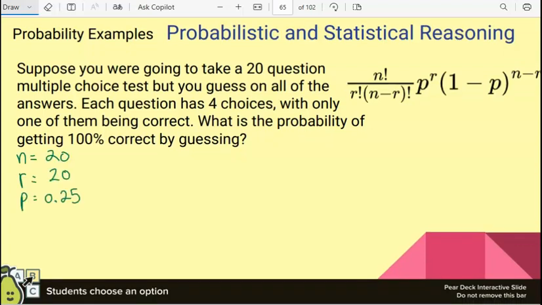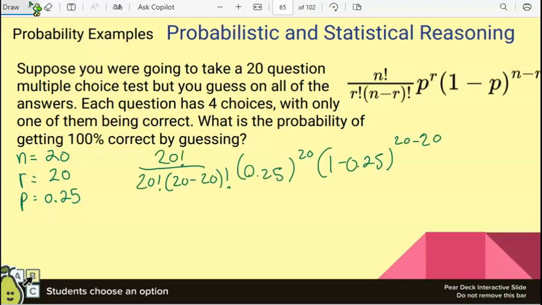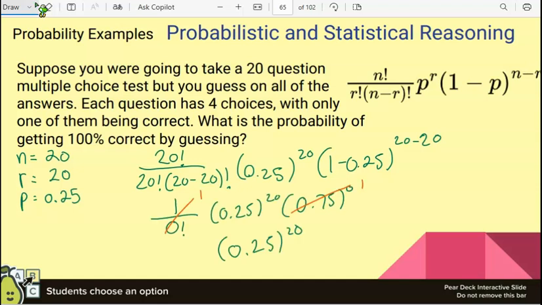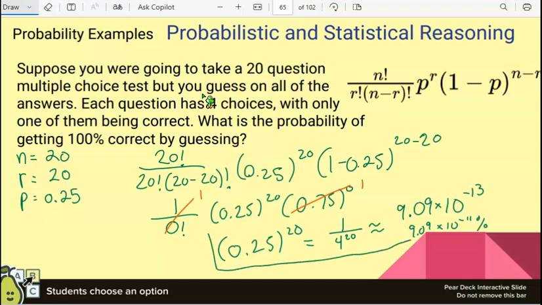The n will be 20, the r is 20, and the probability of getting it correct is 25%, 0.25. You'll plug it into the formula, simplify it down, and then once you calculate this, you would get 1 over 4 to the 20th power, which is a very, very microscopic, tiny number.